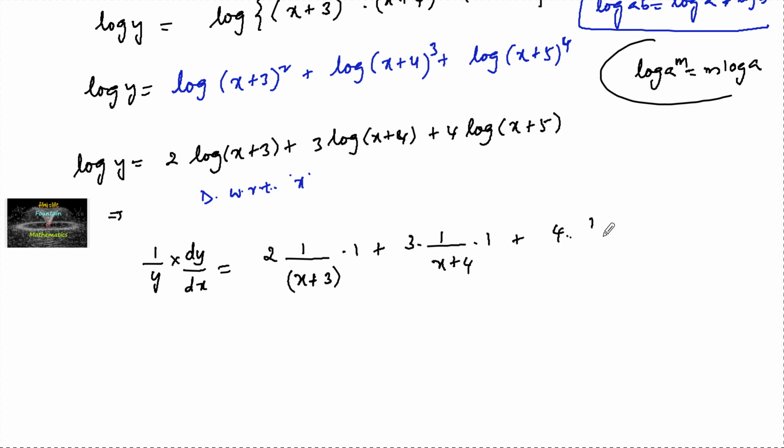So we can write 1 upon x + 5 into the differentiation of x + 5, which is 1, using the chain rule.